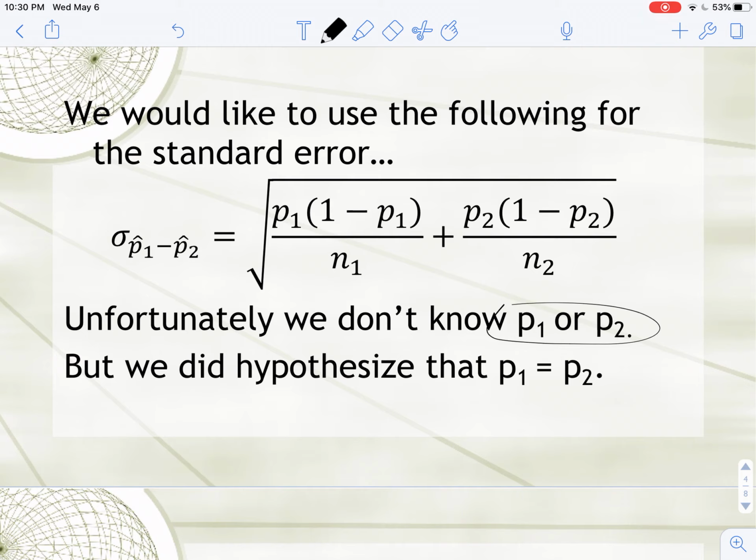But what we don't want to do is use different values for P1 and P2 because our null hypothesis told us that they were the same. So since we hypothesized that P1 was equal to P2, we don't want to use different values in our standard error formula.